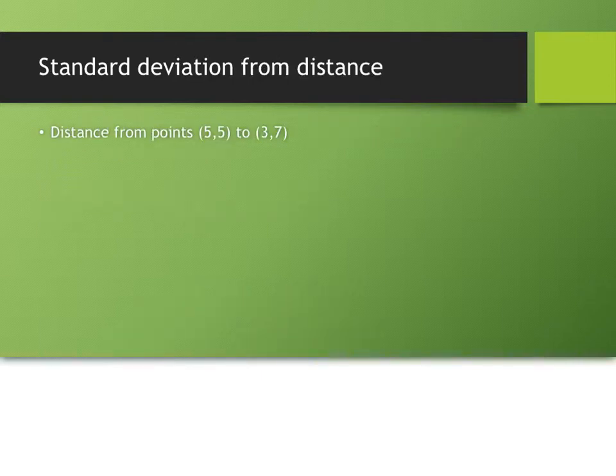Just to re-emphasize that, let's say I have a set 3, 7. And instead of thinking about a set, let's think of it as an ordered pair, like on the Cartesian coordinate system. So we're at the point 3, 7, and I want to go to the point 5, 5. That's 2 units to the right, 2 units down.